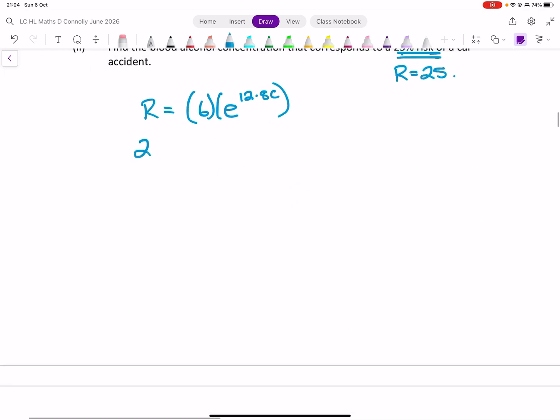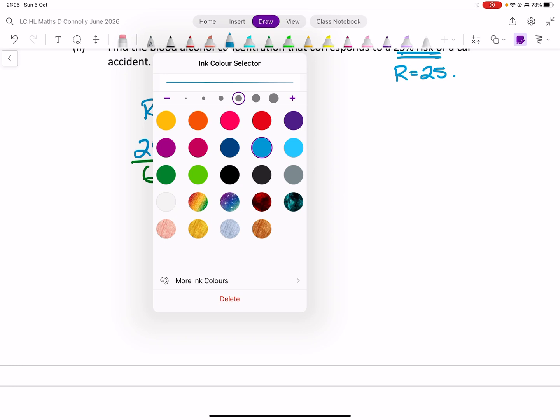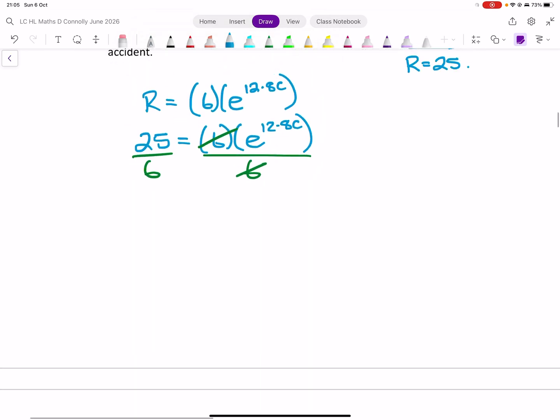So this time we have R, and that's 6e^(12.8c). So we'll divide by 6 to get rid of that. Divide by 6 on this side. That's 4.16 recurring. I might just leave it as a fraction. A fraction's easier to type into your calculator than a recurring.